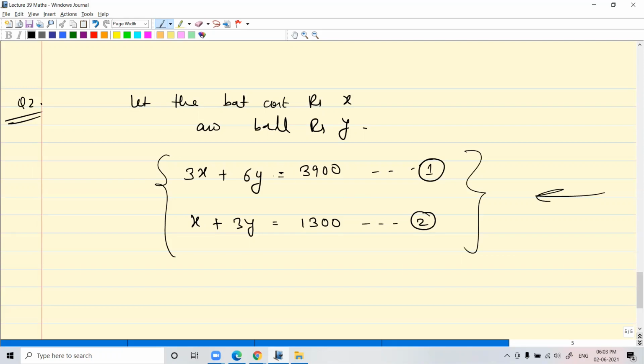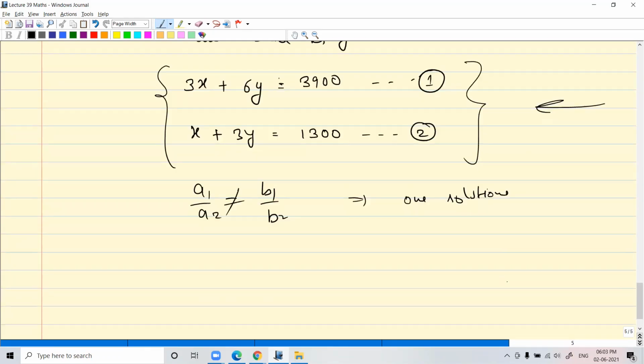Yes, because A1 by A2 is not equal to B1 by B2. That is when you have a unique solution, meaning one solution. And what will the graph be like? Intersecting lines. Yes, intersecting lines. Very good.